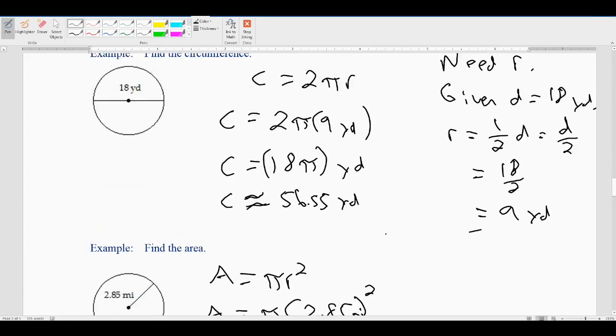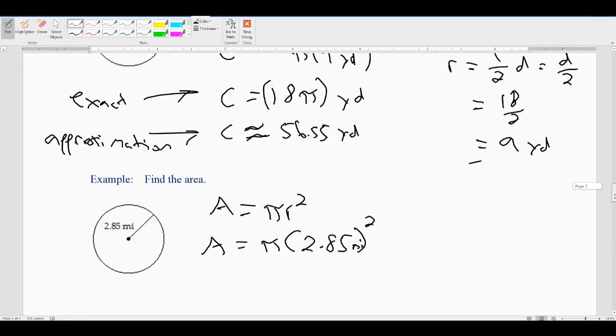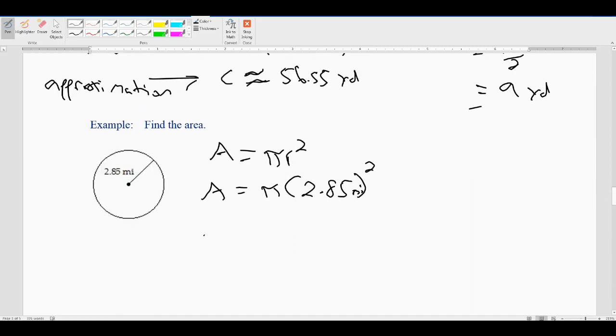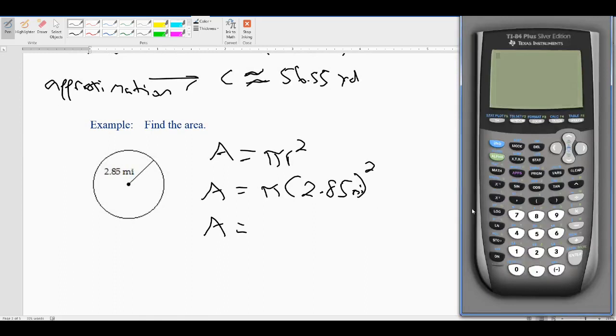By the way, whether I use the decimal approximation or the exact answer, the 18 pi is called the exact answer. This is an approximation. Depending on what I use, it will be based on what the problem asks for. So for this one, if I want the exact answer, I'm going to use my graphing calculator.